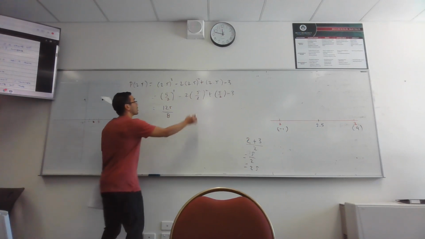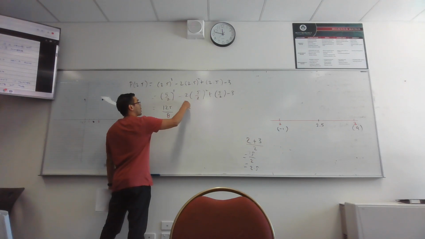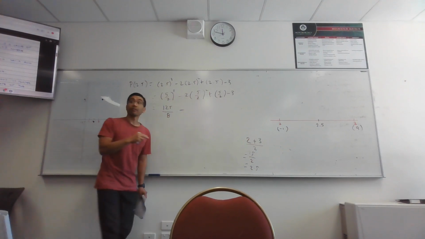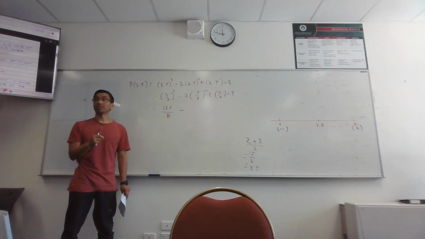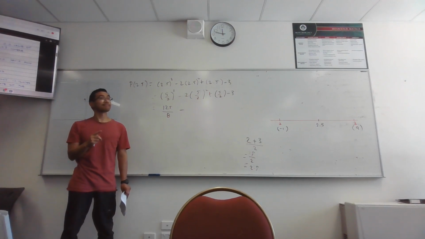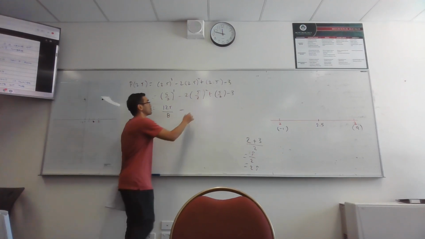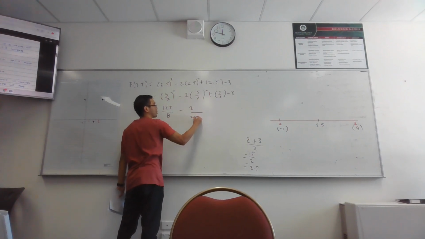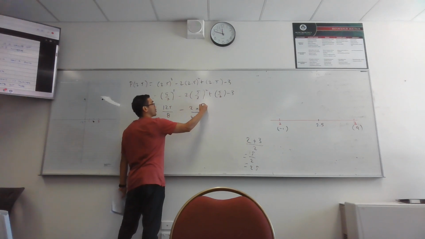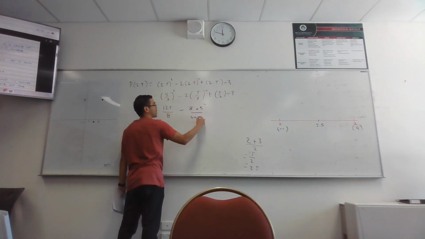Over here, how many 2's do we have on the bottom? And how many 2's do we have on top? And what does that mean? So I've got a 2 on top. I've got 2 squared, which is 2 times 2. And I'm left with 5 squared on top. So we can cancel these out.